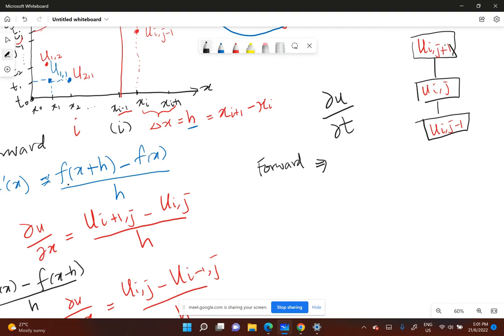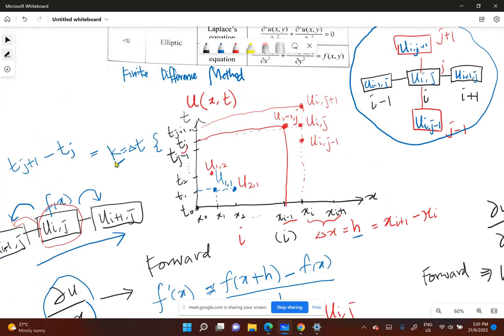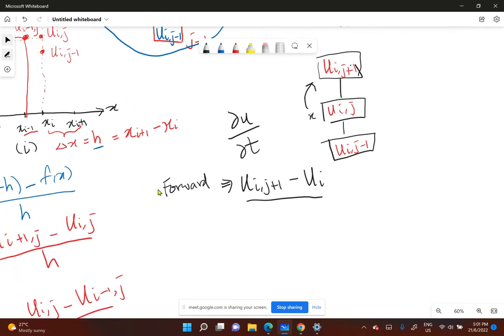X plus h, maksudnya yang ni f(x) kan, plus h naik atas. So that means this one becomes u i,j plus 1 minus u i,j divided by, okay, sekarang tadi kita guna h, tapi kat sini saya terangkan, for the y-axis, we use the step size equal to k. So here it becomes k.